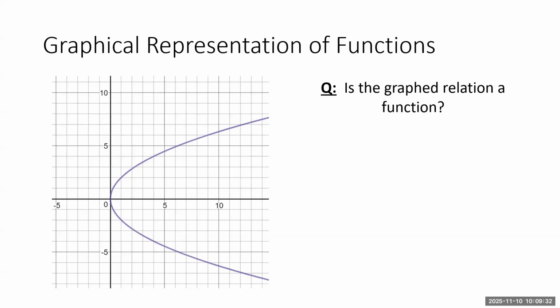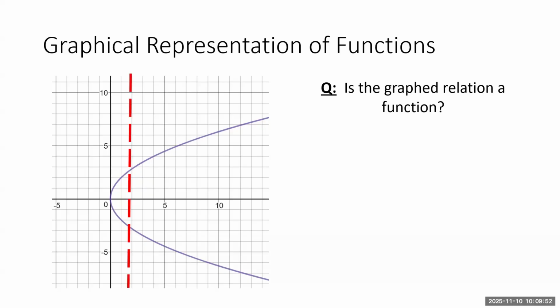Now I've got a parabola. This parabola is major to the x-axis. It has its vertex point at (0, 0). The question I'm asking is, is the graphed relation a function?